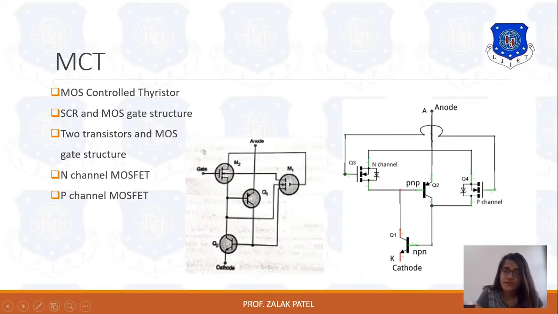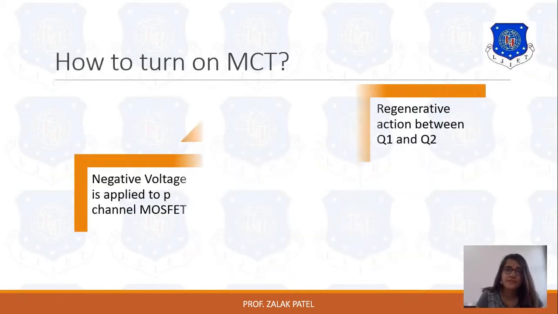M2's current is diverted from Q1, which is a PNP transistor, and because of that the regeneration between Q1 and Q2 will stop and the MCT will turn off.